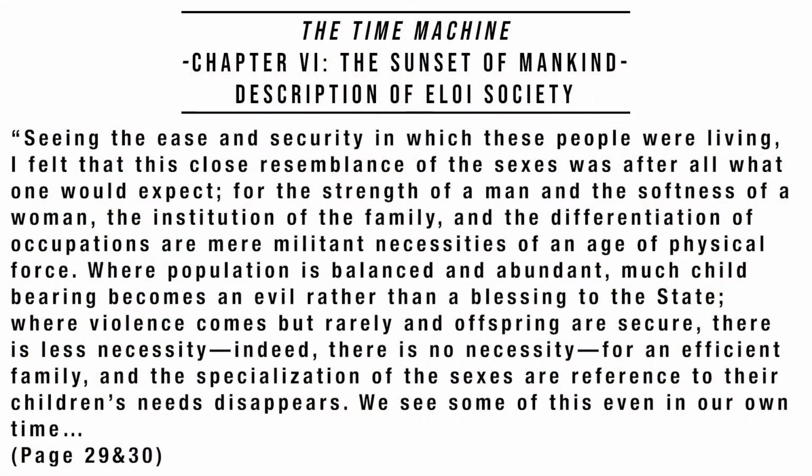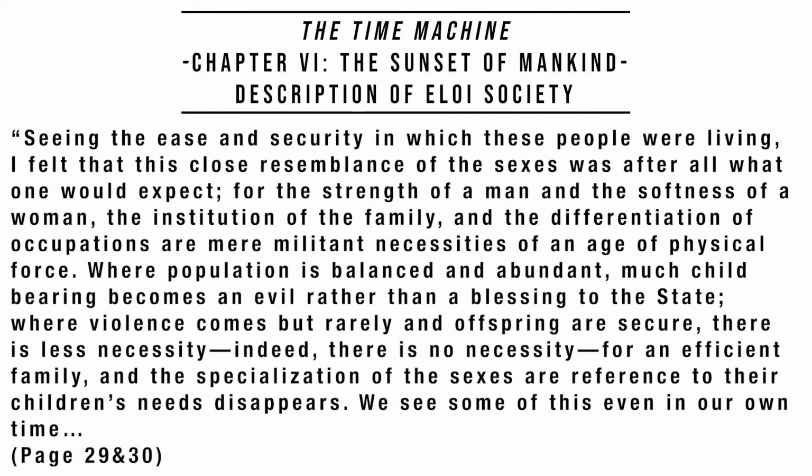So again, he describes Eloi society thusly: "Seeing the ease and security in which these people were living, I felt that this close resemblance of the sexes was, after all, what one would expect. For the strength of a man and the softness of a woman, the institution of the family, and the differentiation of occupations are mere militant necessities of an age of physical force.